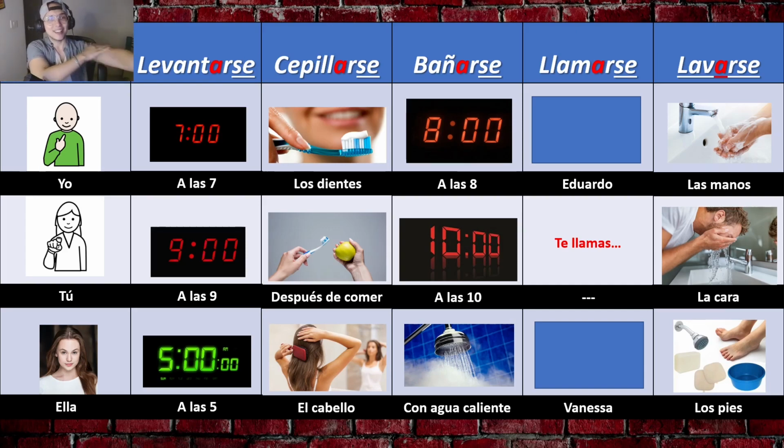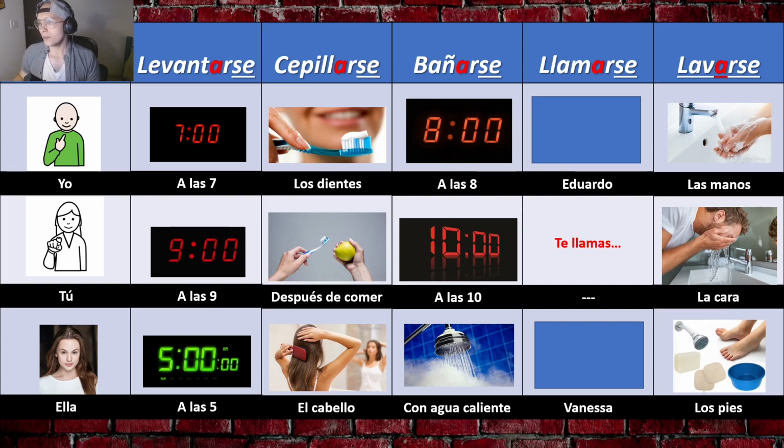Bañarse. To get a shower. Llamarse. To be called. Y lavarse. To wash. So we can see all these verbs are reflexive because we do all these actions and we receive all these actions.